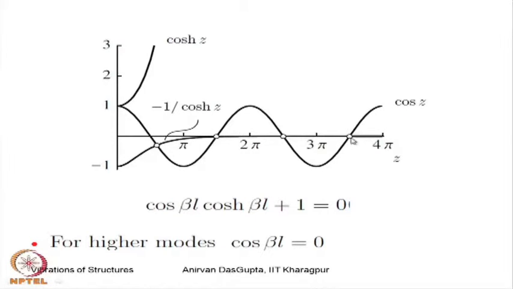So, these points can be written as zeros of the function cos z equal to 0. So, for higher modes, you can reduce this characteristic equation to this simplified characteristic equation, cosine beta L equal to 0.